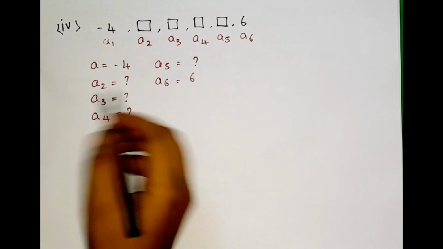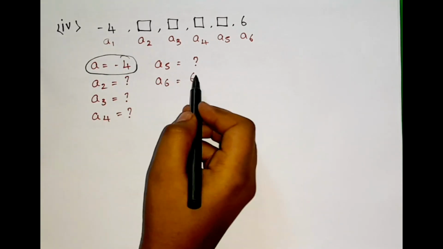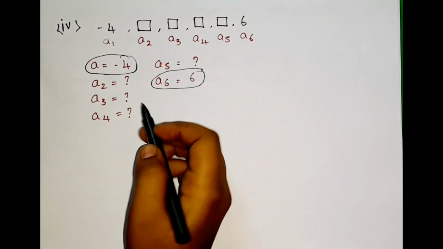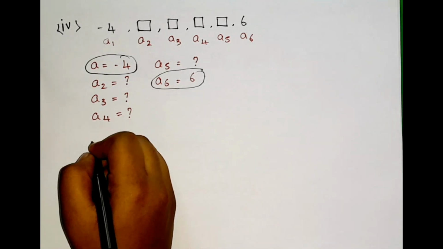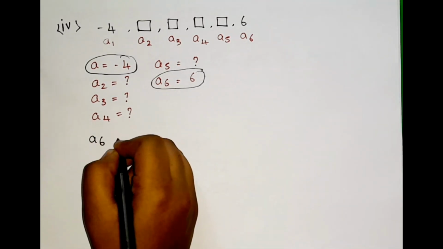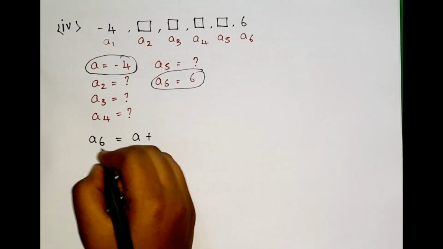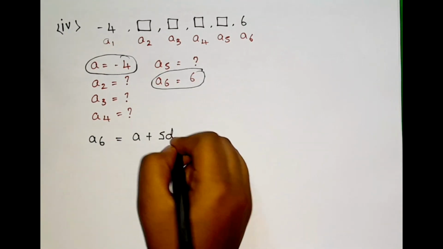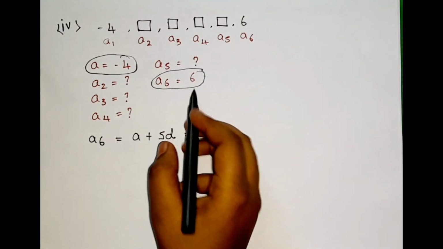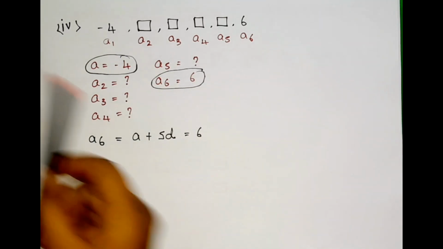Here the only values we have are the A value, that is minus 4, and the A6 value, that is 6. So now I am going to take this A6. A6 I can write as A plus the previous number for 6, which is 5, into D, is equal to 6. This is how we abstract the values, isn't it?